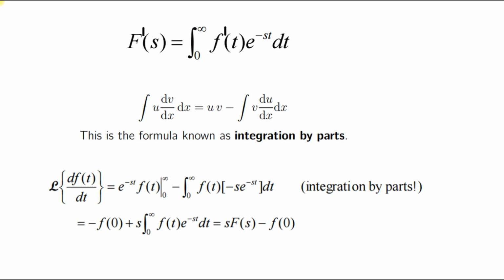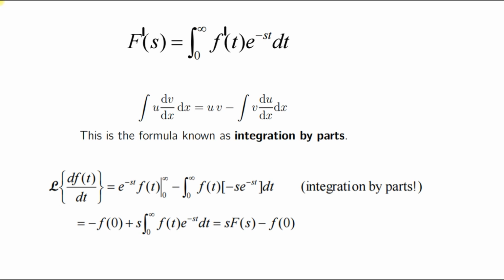Here u is e power minus st, which is differentiated like this, so the result is minus s into e power minus st dt. This is the formula we converted from integration by parts. Now apply the limits. We know that e power minus infinity is equal to 0 and e power 0 is 1, so therefore minus f of 0.